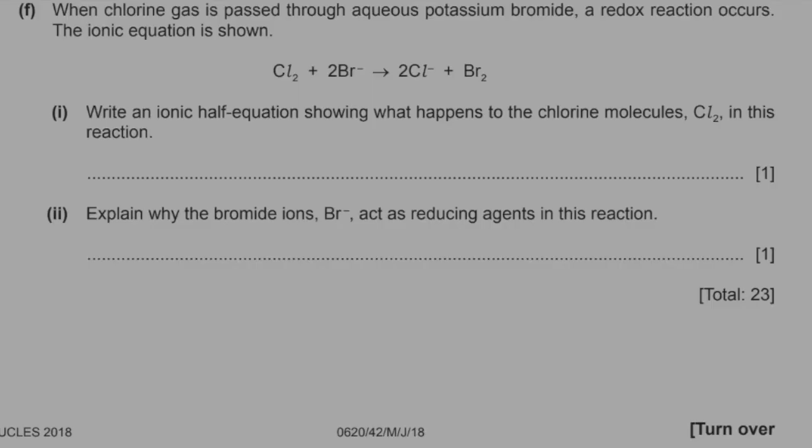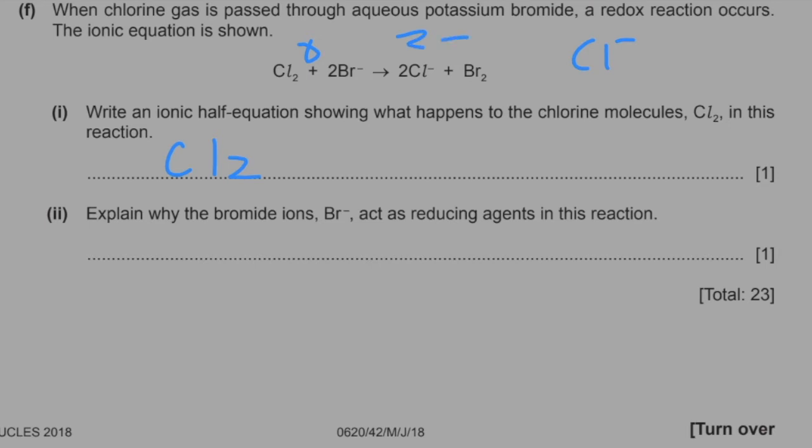Right. So first off, we start with the chlorine diatomic molecules, and as you can see over here, it forms 2 chloride ions. Now here the oxidation state of chlorine is 0, or in other words, it is a neutral molecule, and for it to gain a charge of 2 negative, and I'm saying 2 negative because there are 2 chloride ions each having a -1 charge, that means the two have 2 negative charge.